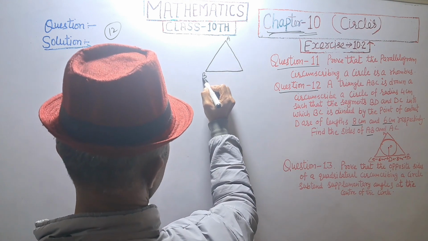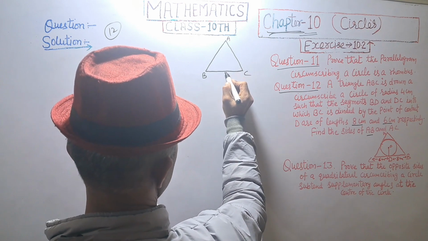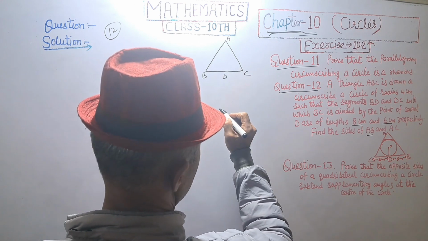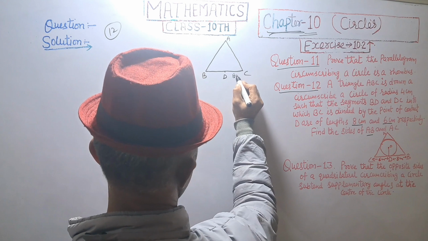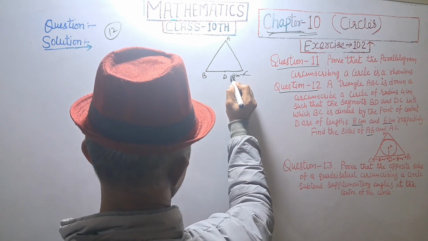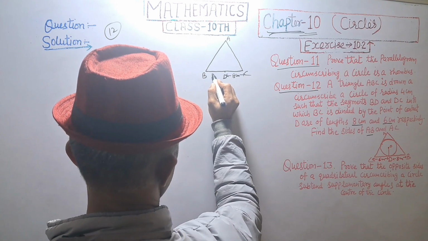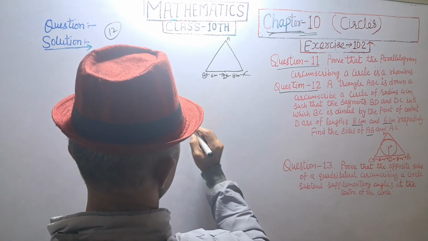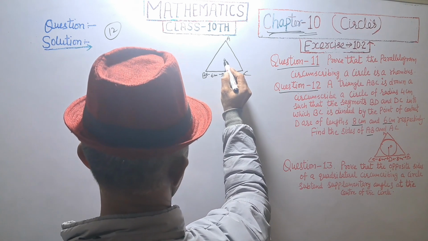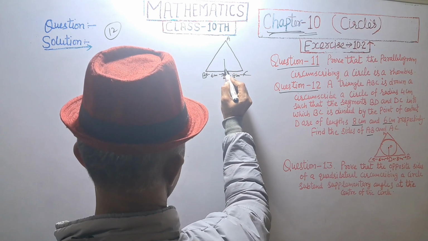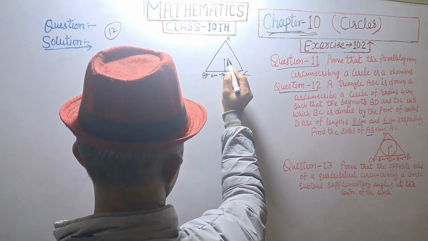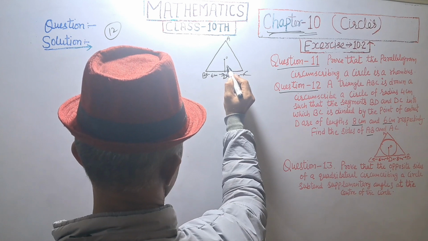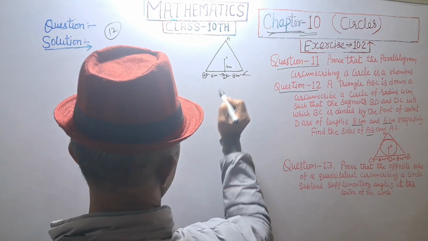A, B, C and D. 8 cm, 6 cm, and the radius is 4 cm.